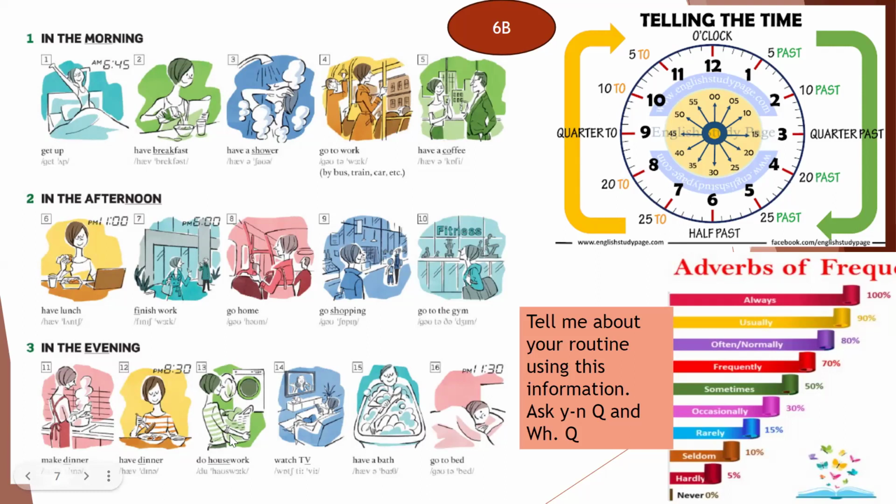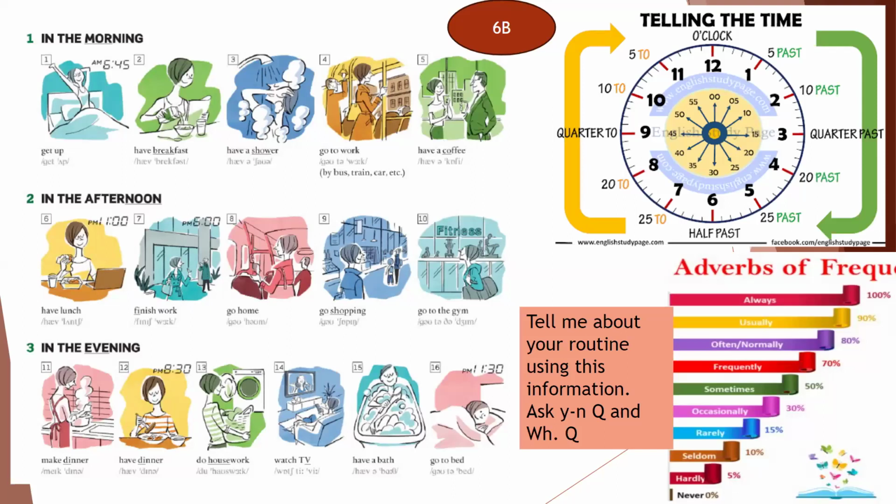This is housework, all the activities that you have to do in your house, los quehaceres. Watch TV, have a bath, okay? Si tienen bañera, have a bath. Si no, otra vez sería have a shower, okay? And finally, go to bed. That means go to sleep, okay?